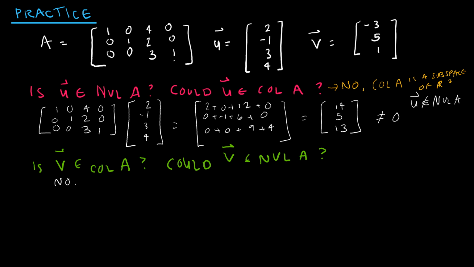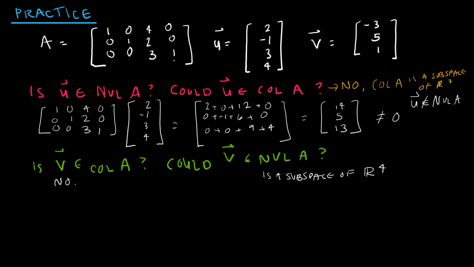So the second question says, could V be in the null space of A? So good question. What do we know about the null space of A? Well, the null space of A is a subspace of R4.